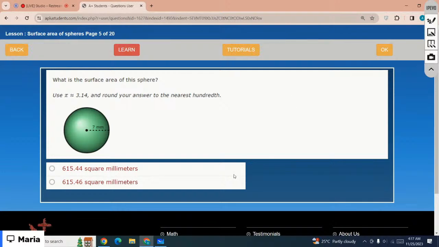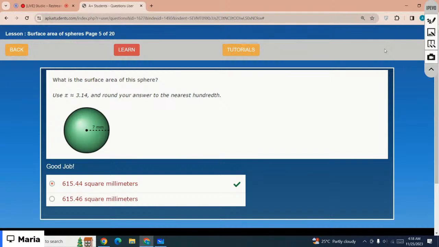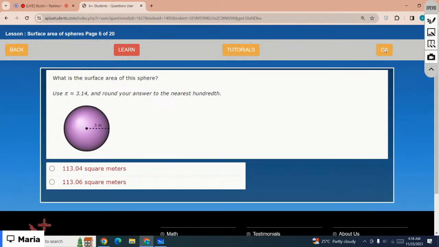The correct option is, yes, that is 615.44. Option 1 is the correct option, right? Okay, the next one is, what is the surface area of the sphere? Which is the correct option?